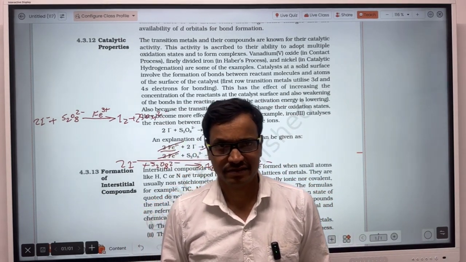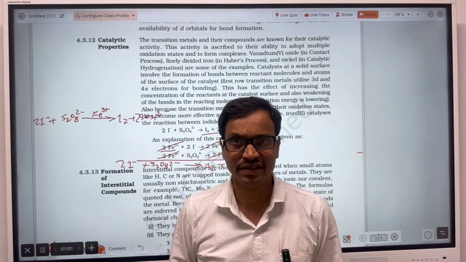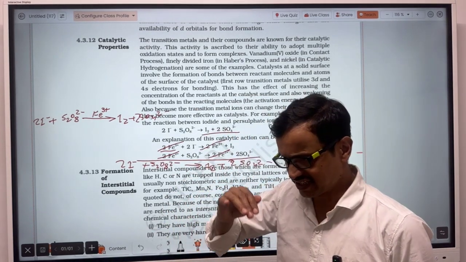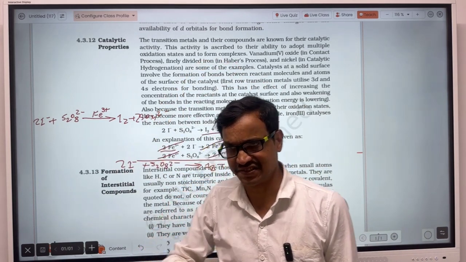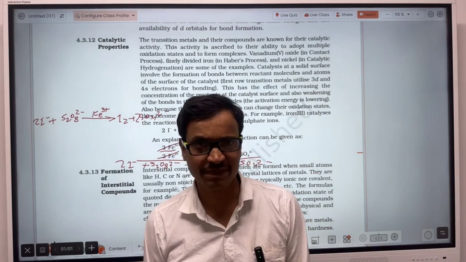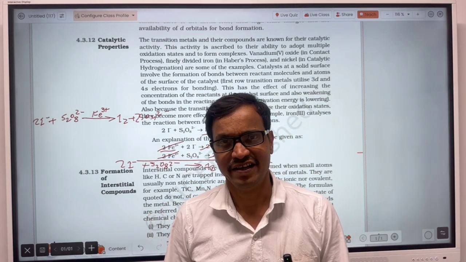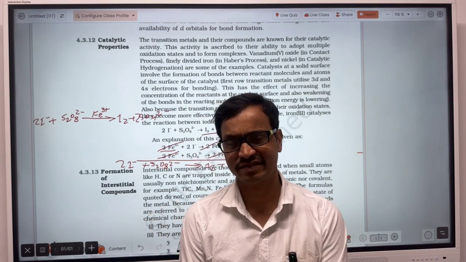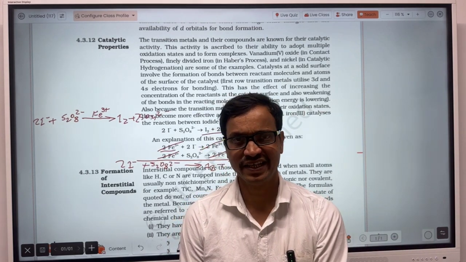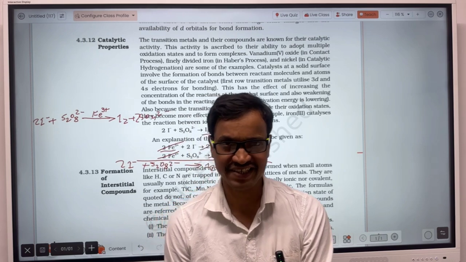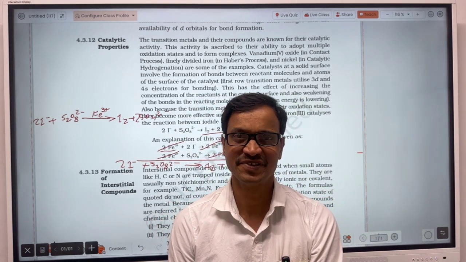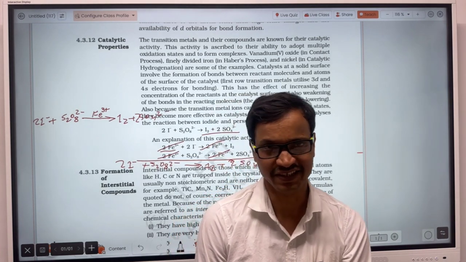That's why it forms temporary bonds with any one of the reactants, and as a result the activation energy decreases, and hence the reaction proceeds even at low temperature. At the same temperature, when a catalyst is taken, the rate of reaction will increase. As you know, for every 10 degrees Celsius rise in temperature, the rate of reaction becomes double.